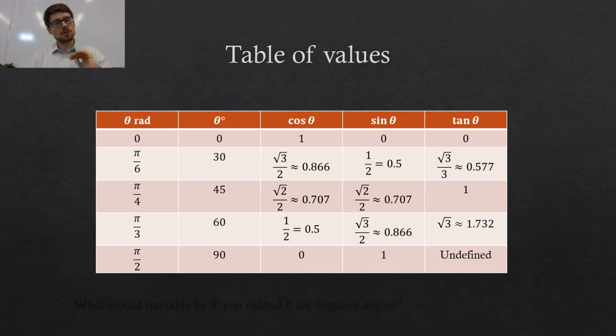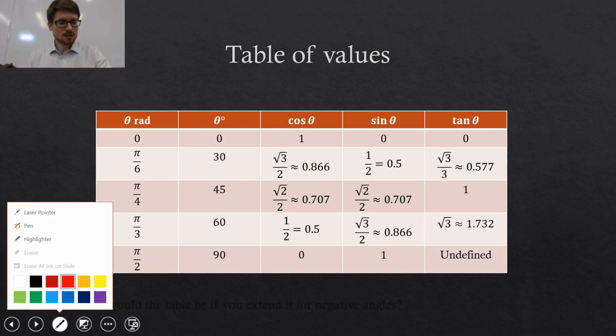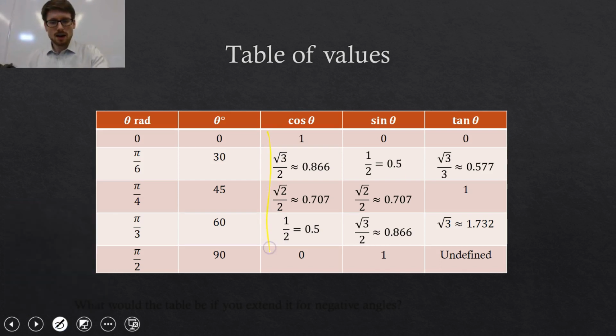When we're computing secant, cosecant, or cotangent values, we're just taking the answers from cosine, sine, and tangent, taking their reciprocals, okay? And those will give us the values for the other functions, okay?